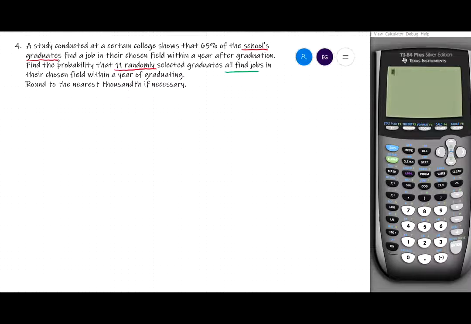Okay, so now that that's out of the way, this is a sequence of 11 events, which means we have 11 individual probabilities multiplied together. So, the probability that the first student finds a job times the probability the second student finds a job, all the way up to the probability that the 11th student finds a job.